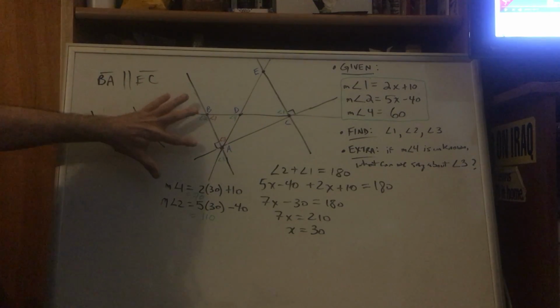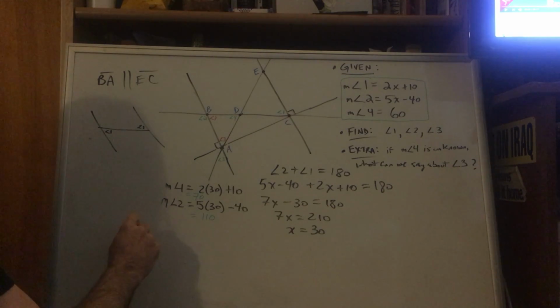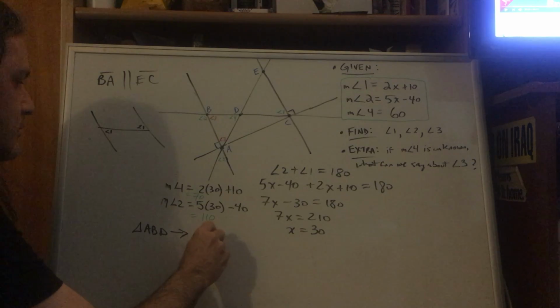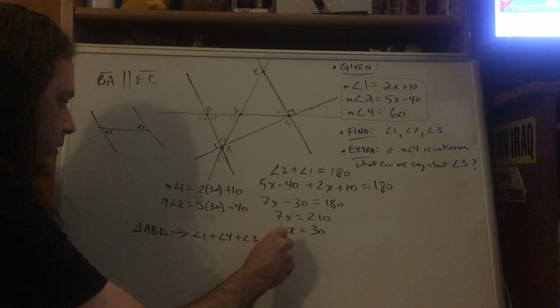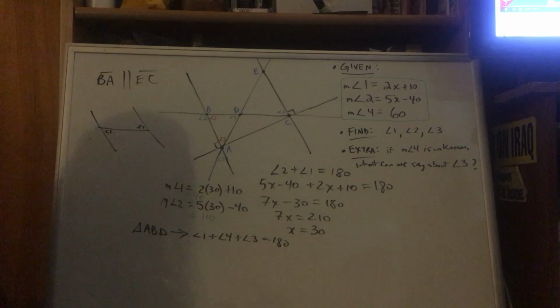We just found out that angle 1 was 70. And so for the triangle ABD, we can write angle 1 plus angle 4 plus angle 3 equals 180. And again, I should be putting the measurements, the little m's, but we're not going to worry about that.